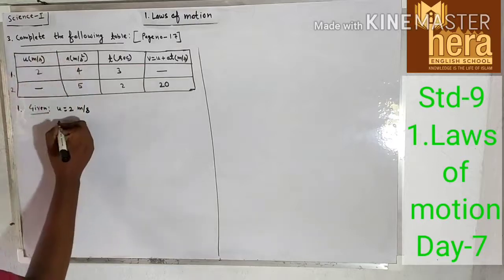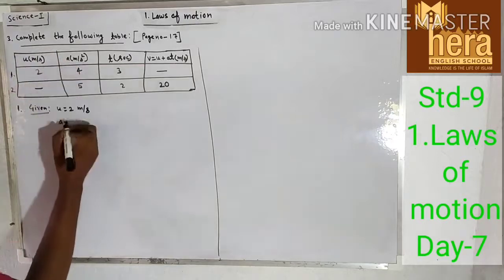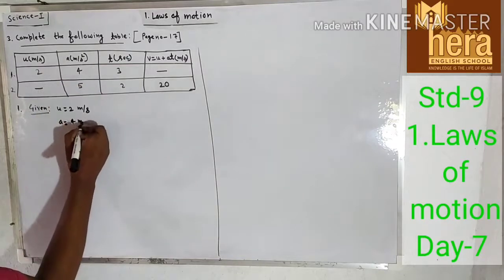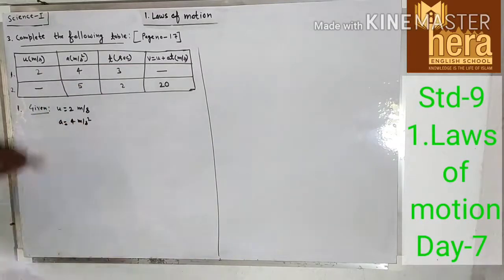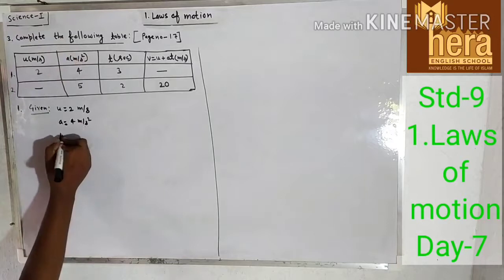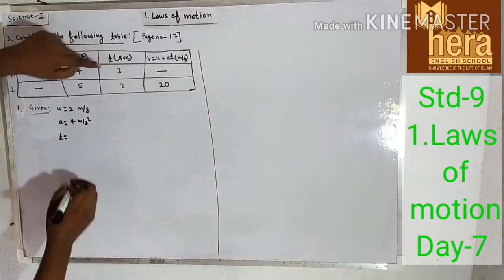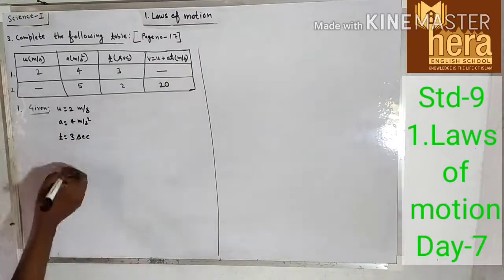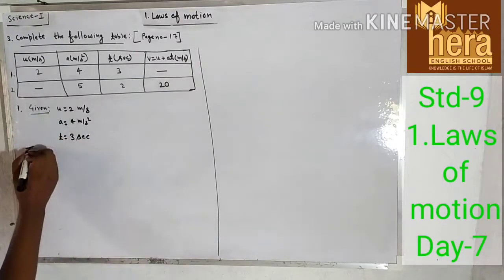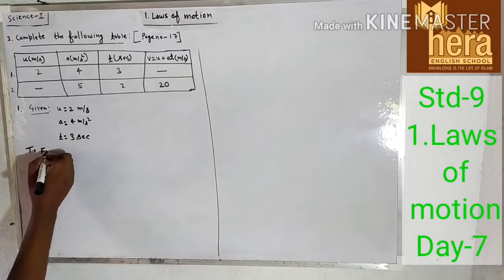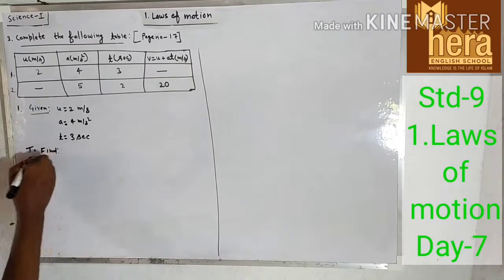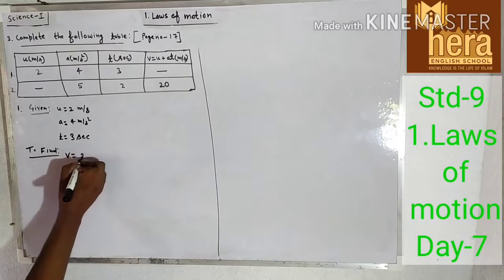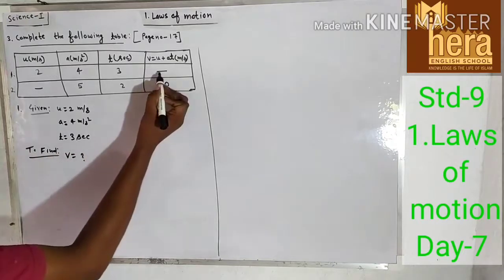A is equal to 4 meter per second square. T is equal to 3 second. Given to find: V is equal to question mark. We have to find the value of V.